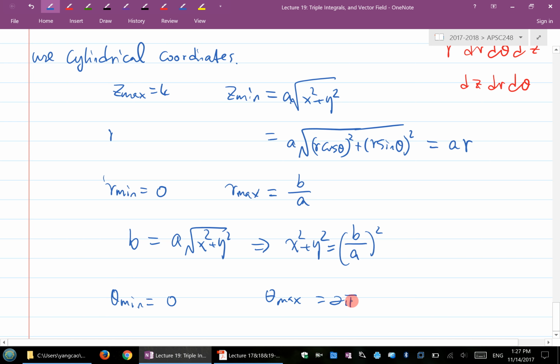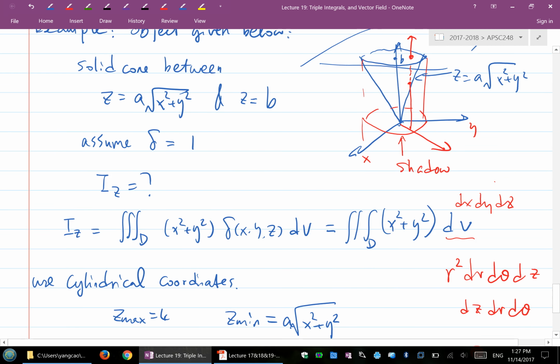Any questions? Okay, yes. R max is the radius of the bottom circle here. First of all, when you have a cone and you cut it anywhere across the cone, the cross section gives you a circle, right?